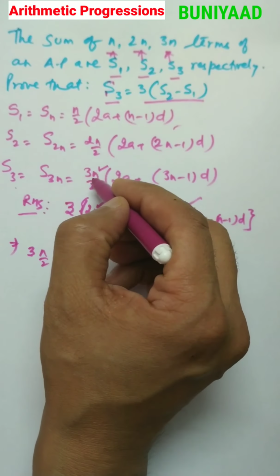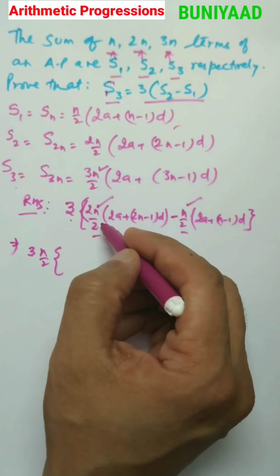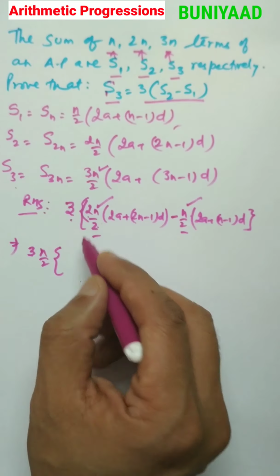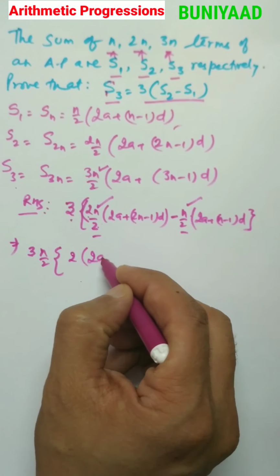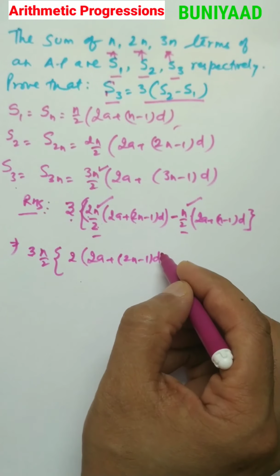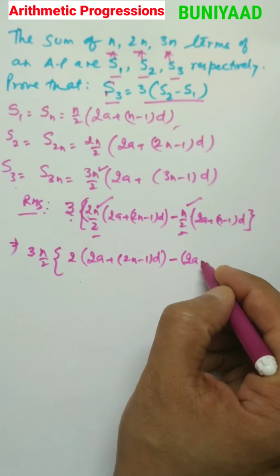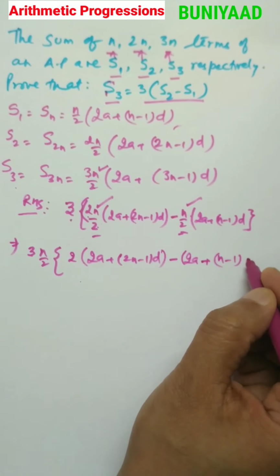So we need 3n by 2, so already we got 3n by 2, we are left with 2, 2a plus (2n minus 1)d. This we have taken, we are left with 2a plus (n minus 1) into d.